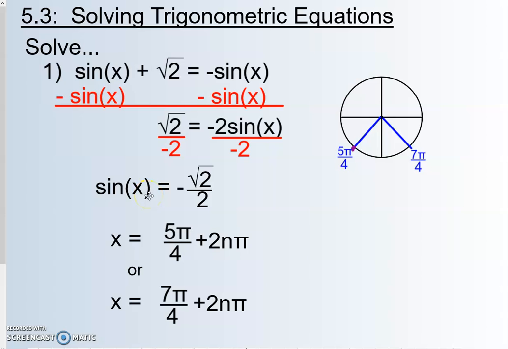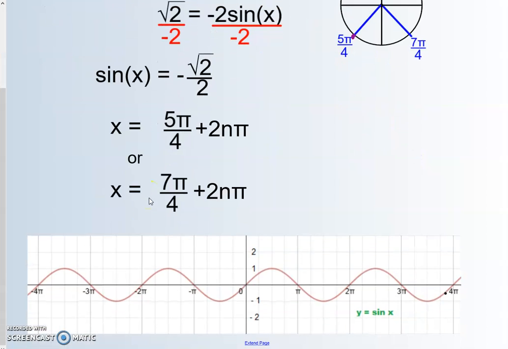And to put this in a different perspective, down here is a graph of the sine function. And if I try to find out where the sine value is negative radical 2 over 2, I might draw this line right here of negative radical 2 over 2. And you'll notice that the sine is negative radical 2 over 2 here, which is 5 pi over 4, here, which is 7 pi over 4.